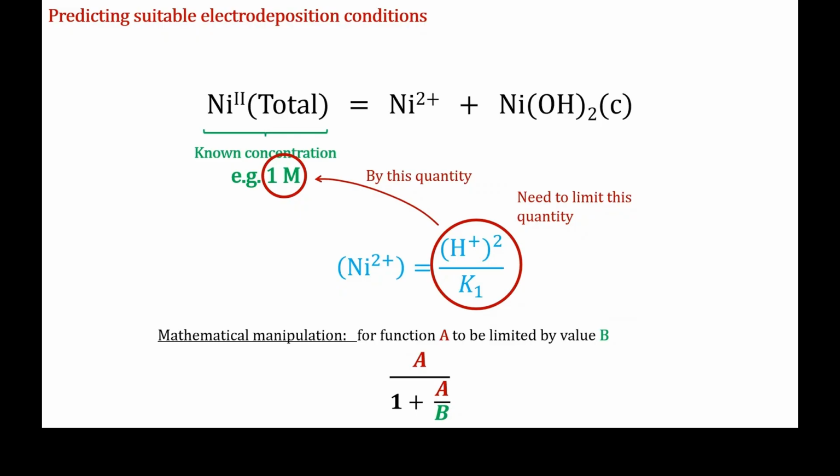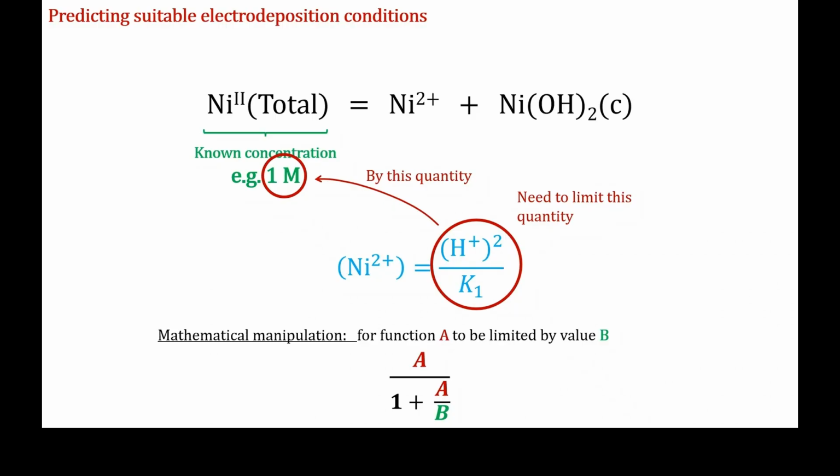So you can do that to any equation. For example, if you have the Butler-Volmer equation, which predicts current density as a function of potential, it goes on indefinitely, exponentially up and up and up, unless you limit it here by the mass transport limited value, right? So this is how it's done.